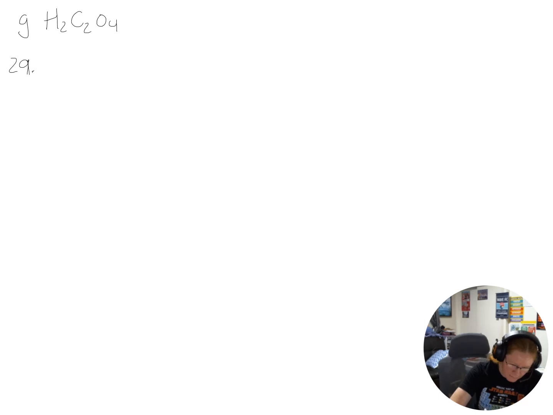So let's take a look at this. We're going to calculate the grams of oxalic acid. All right, so we have 29.58 mils of our sodium hydroxide. Okay, and we need our balanced equation here.